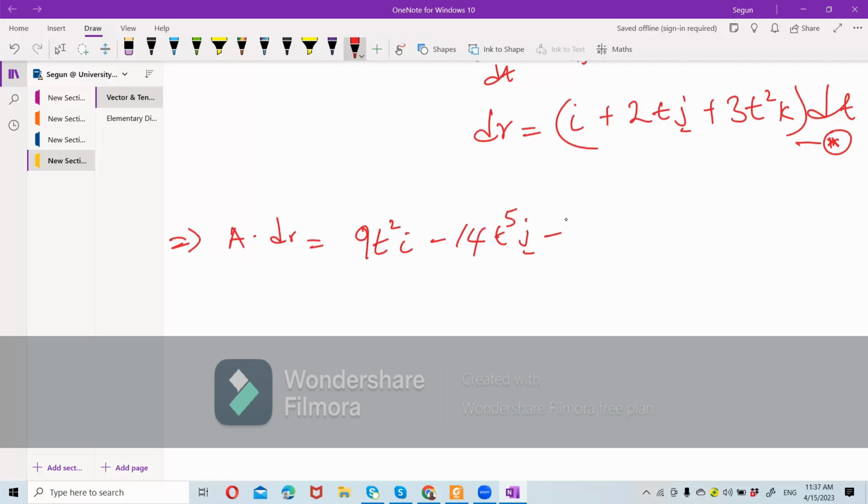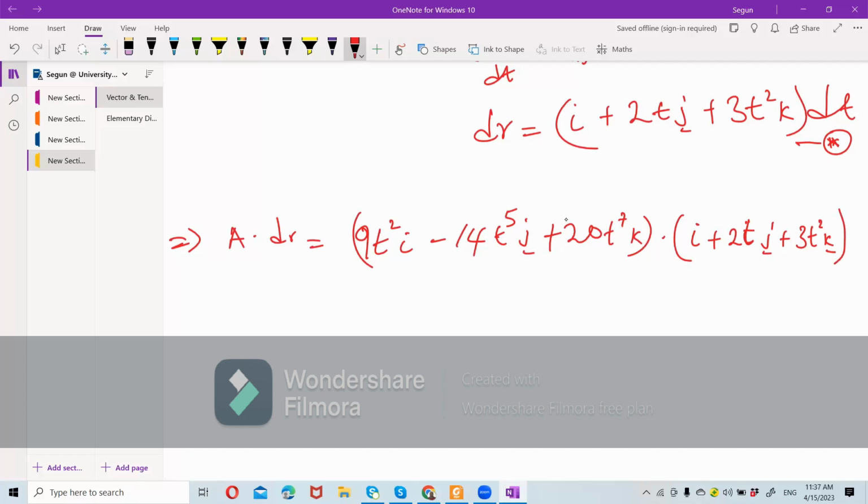If you are merging the two, will the i still remain? No, you won't get any i again. Don't forget it is dot. Remember, i plus 2t j plus 3t squared k.